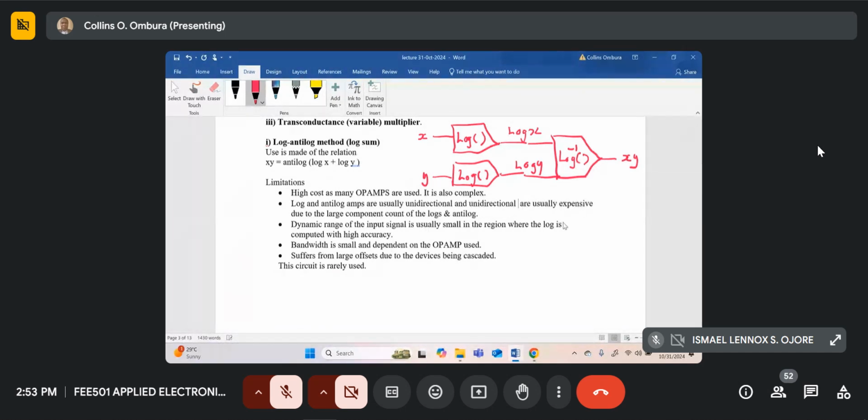Unidirectional log and anti-log amps. Log and anti-log amps are usually expensive due to the large component count of the log and anti-log amps.